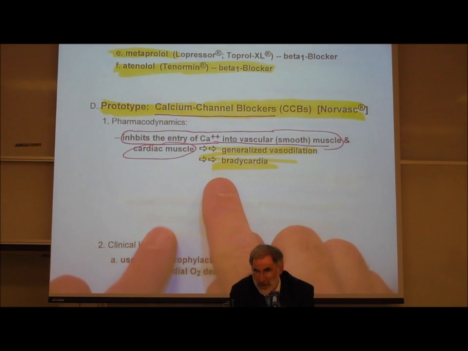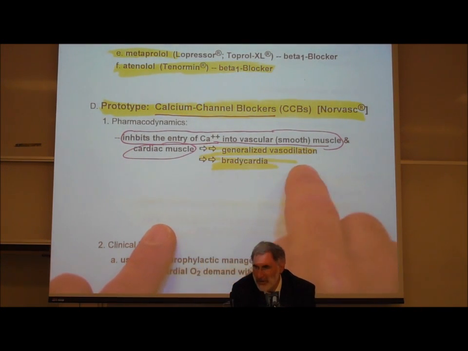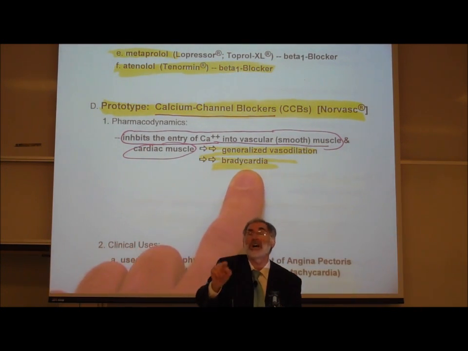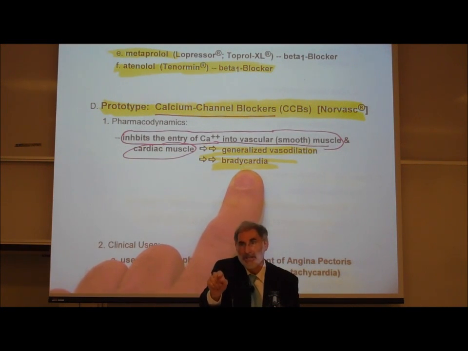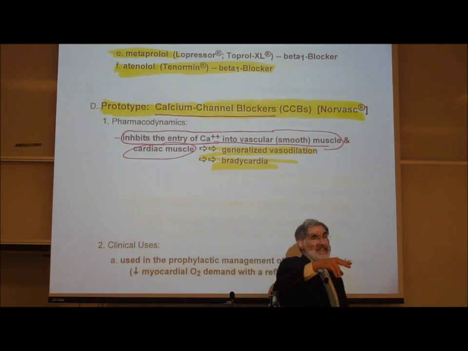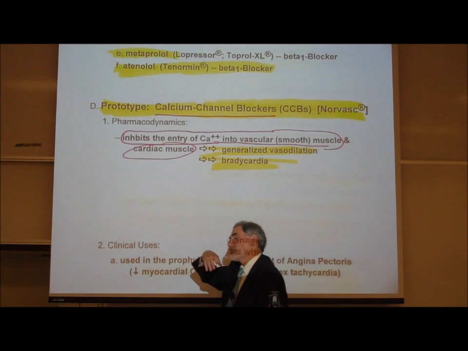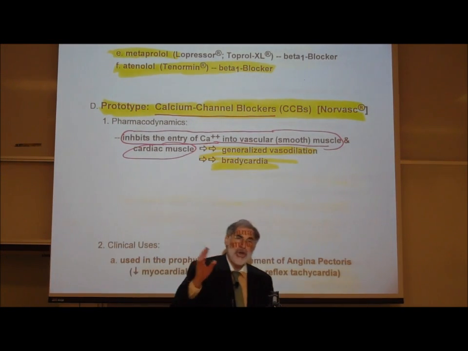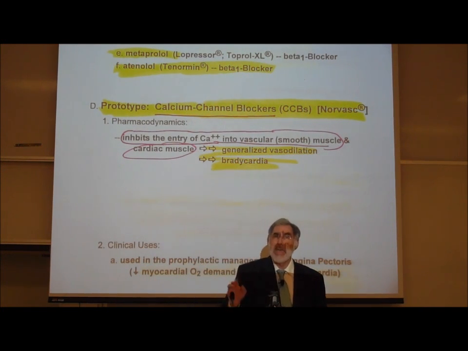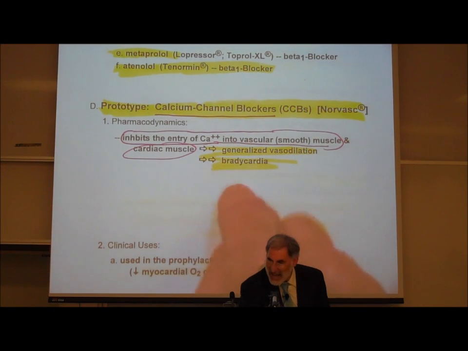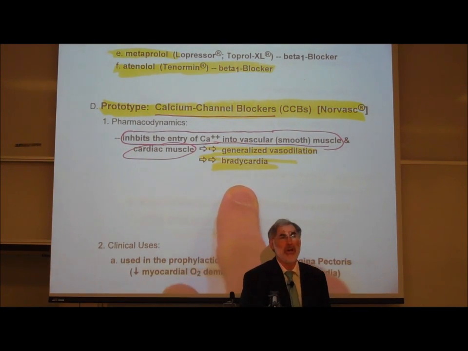What does a calcium channel blocker do? It causes generalized vasodilation, just like nitroglycerin. But we said that because taking nitroglycerin may cause a reflex tachycardia, you also had to take a beta blocker at the same time. The beta blocker prevents the heart from speeding up. What does a calcium channel blocker do to the heart rate?